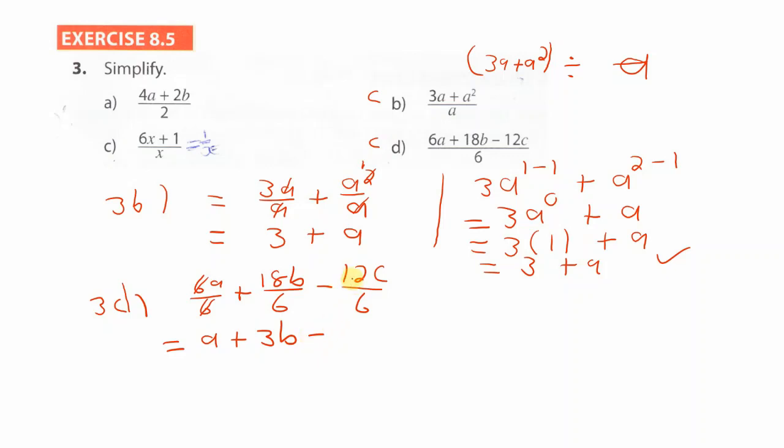And we have a negative 6 goes into 12 twice. We have the c at the top, no c at the bottom, so we have c to the power 1. We don't bother about the invisible 1, it's simply c. Now we have a plus 3b minus 2c. We know a's, b's and c's are unlike terms. We cannot add or subtract unlike terms, only like terms. So this is in simplified form.